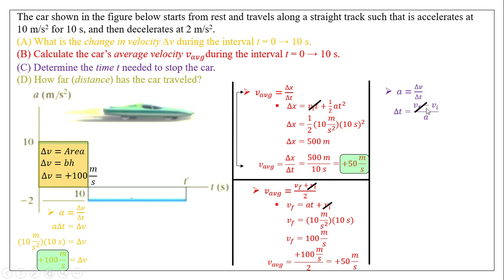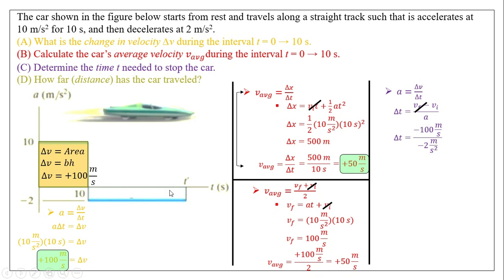Therefore, when I'm looking for the time that it takes to stop, the velocity at 10 seconds is now my initial for the remaining time, which I don't know what the time is. So by the time the car gets to this point, it's already moving at 100 meters per second. So I'm just going to go ahead and substitute in VI is 100 meters per second. The negative sign I carry down because that's part of the function.